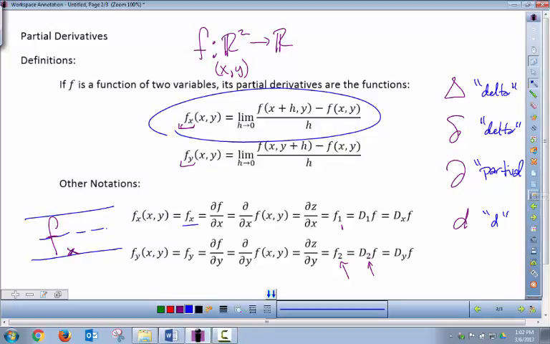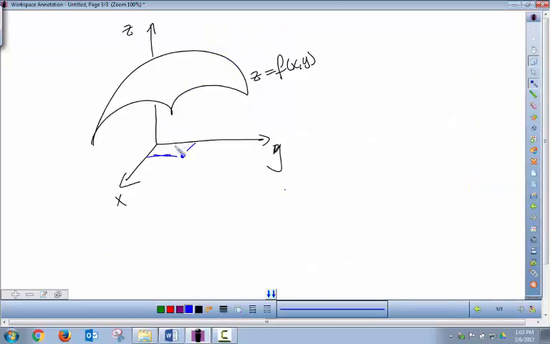So let me just take a quick look here. It just says x and y. So I'm going to call it AB. We call it x naught, y naught. Let's call it AB. So we can denote this point as a two-dimensional point, or we can actually denote it as a three-dimensional point.